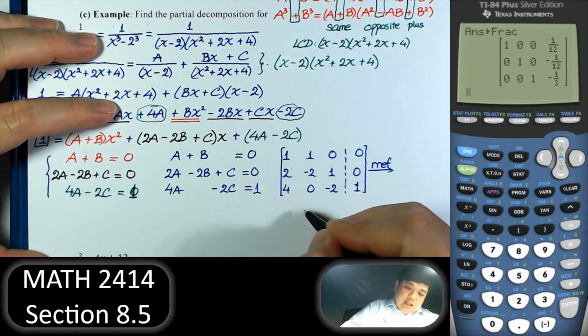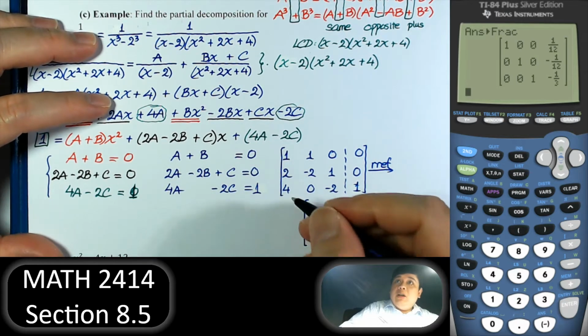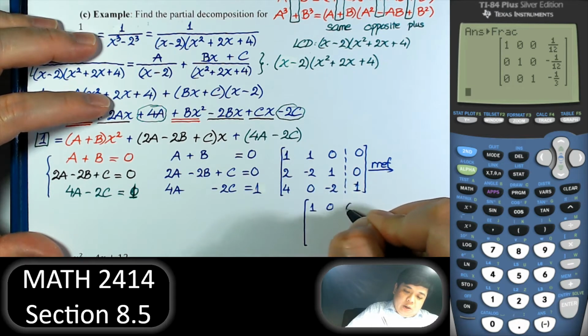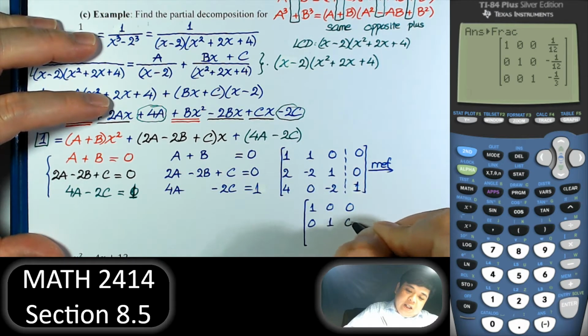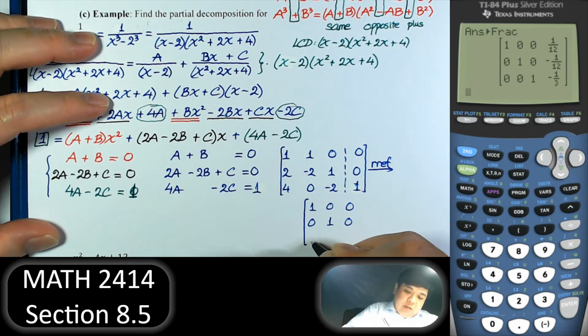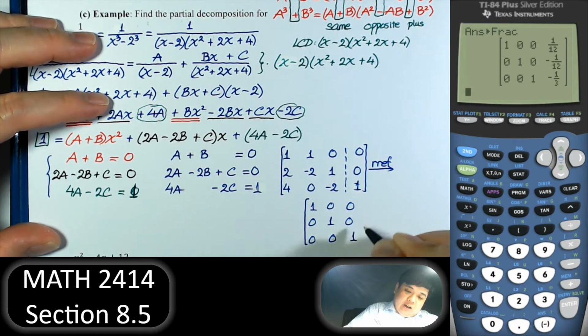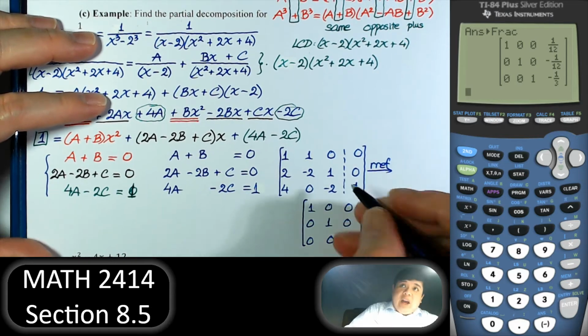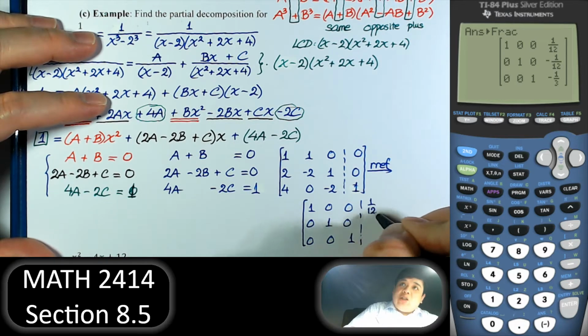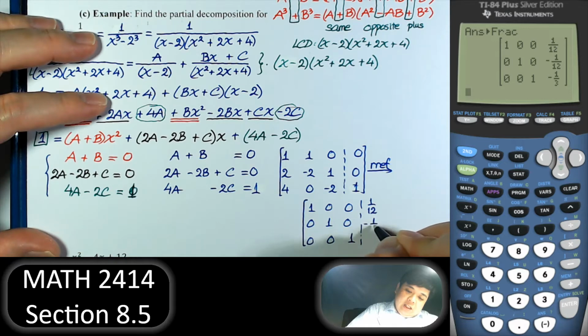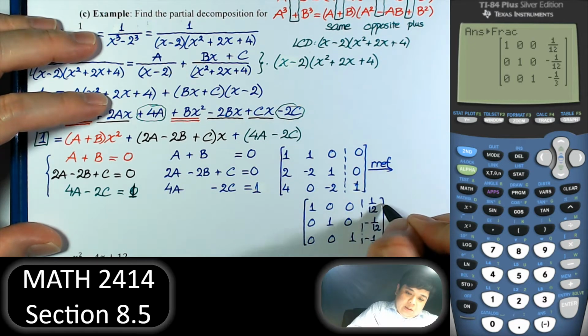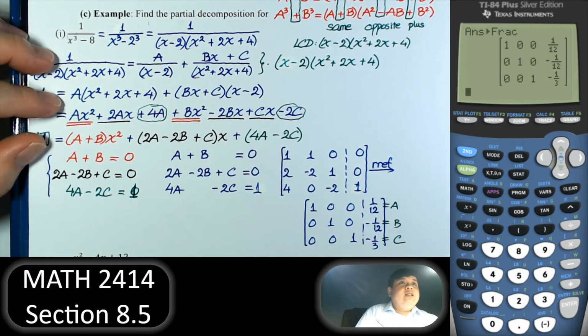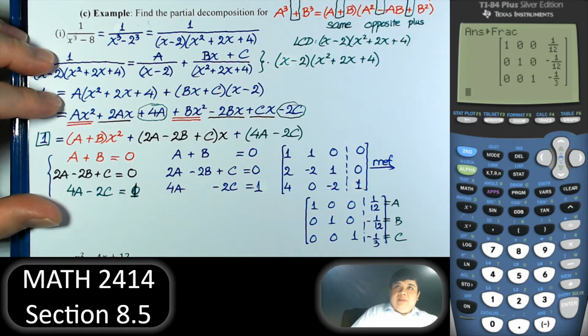So when we do that, we will have the matrix 1, 0, 0. We should have the diagonal matrix, the identity matrix, on the left side. And what we have on the right corresponds to A, B, and C. So this is A, B, and C. Right.